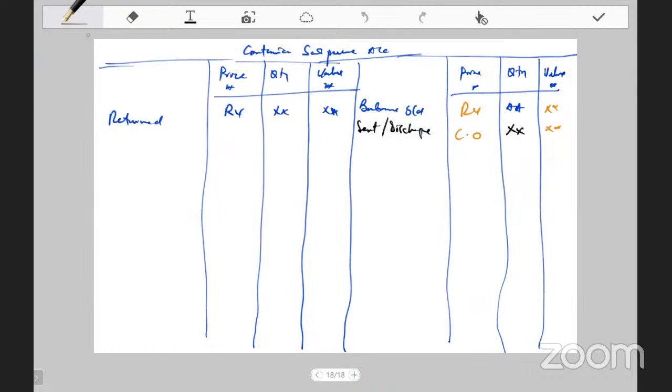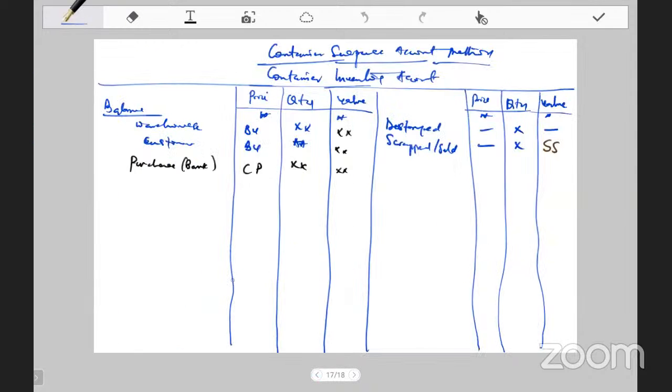After that, the information that will be given is returned. Then, after you talk about the ones that have been returned, the next information the examiner will provide will be the information relating to what is left in the store.